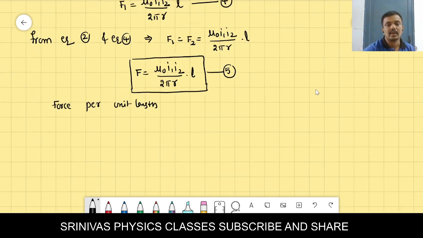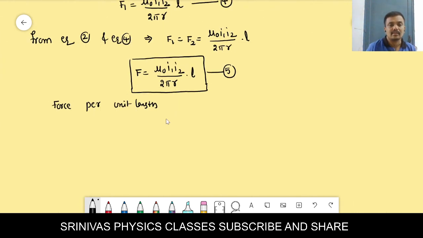Just we have to take L to the left side. Then we get F by L is equal to nu naught I1 I2 by 2 pi r. Sorry, we just have to write this one.